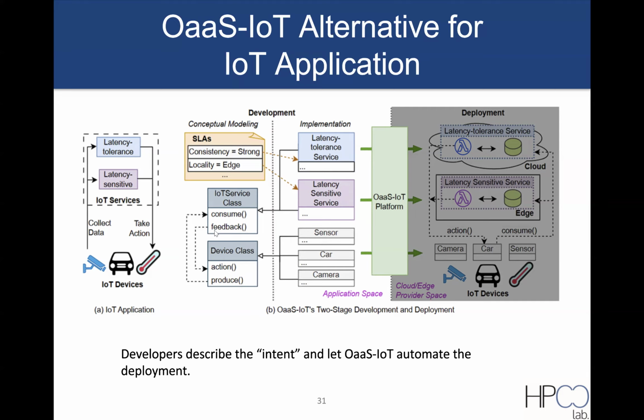When the feedback function wants to use an action on the device class, it basically just does a remote procedure call. Normally if two of these classes stay together on your machine, it just does a normal function call, right? But when it's distributed across edge and cloud, calling the class behaves the same as on a single machine, but in reality it's separated, so it needs some kind of hidden RPC call. That is the magic behind the scenes that lets the class behave as it is.